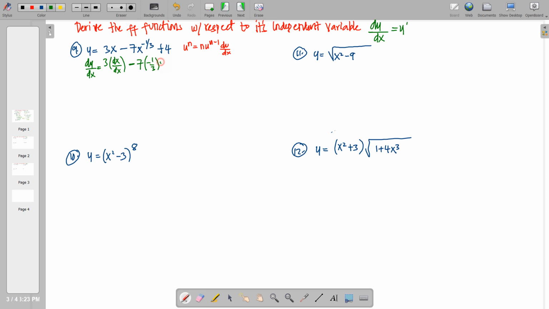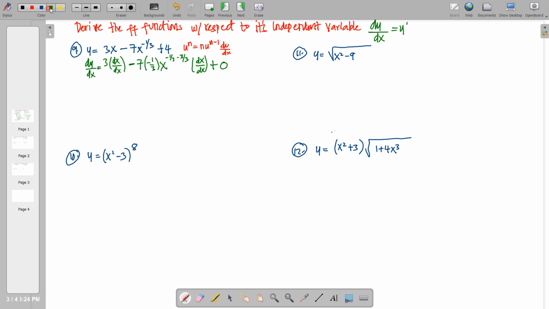So again, we copy that x, so copy the original and then just have to less 1, so minus 3 all over 3 for the exponent of x, and then derivative of x is dx over dx, and then derivative of this 4 will be equal to 0, or that is simply a constant.